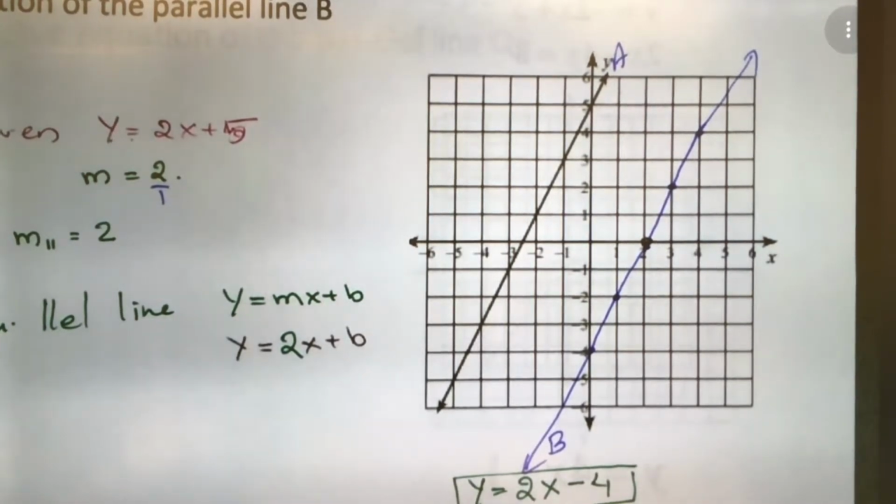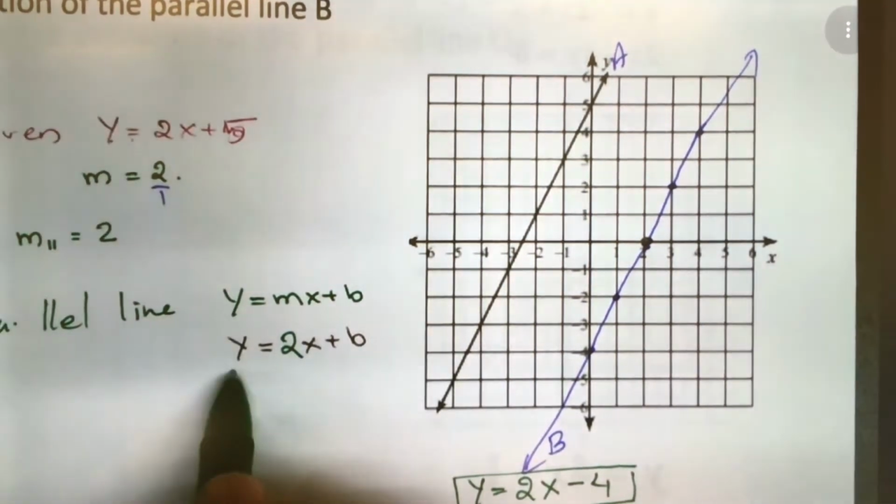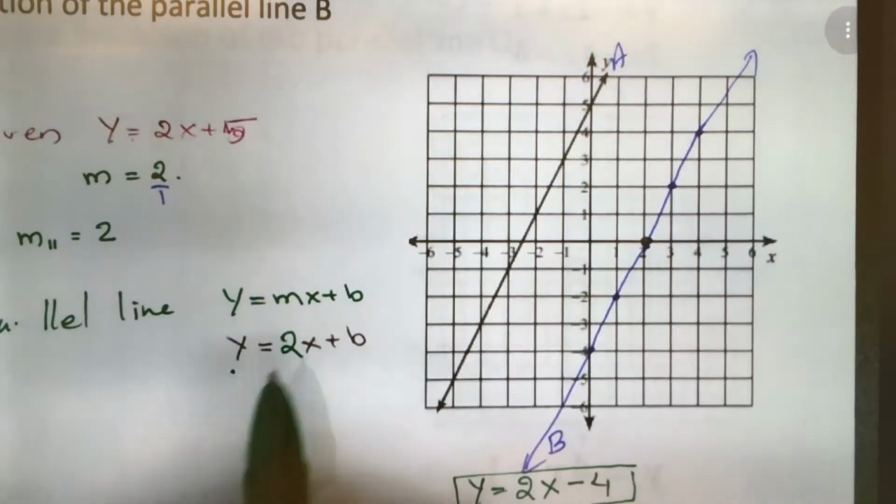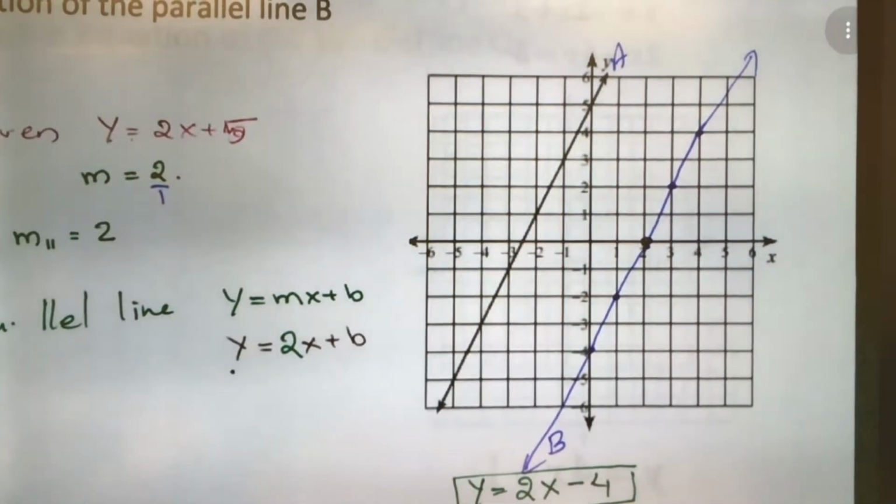Now let me explain how to find the same answer using the algebraic method. You can follow either method. Right now I am at y equals 2x plus b, and I need to identify b using the algebraic method.